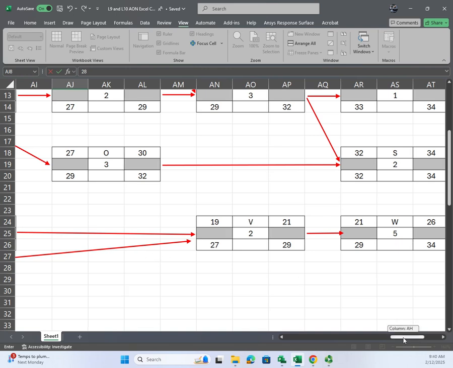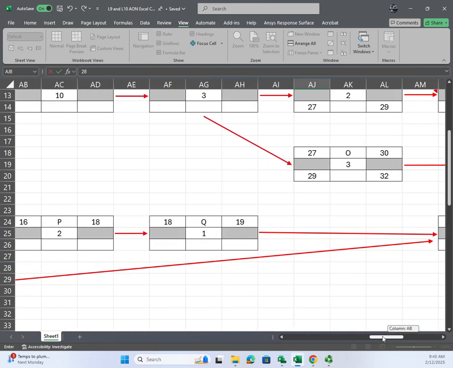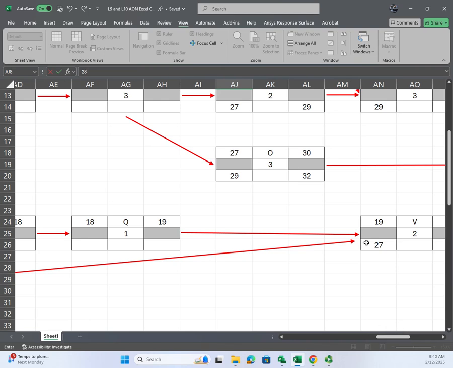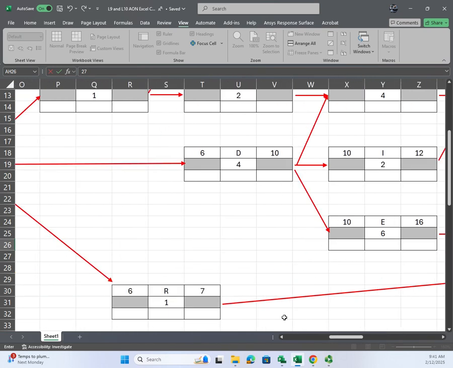Okay. Sliding back to the right. So 27 becomes Q's, and it also becomes R's. So R's late start is 26.